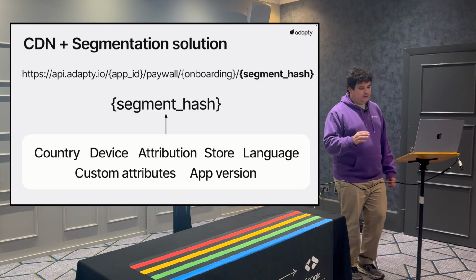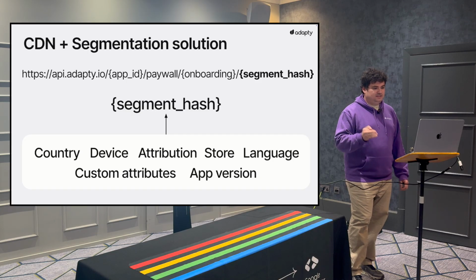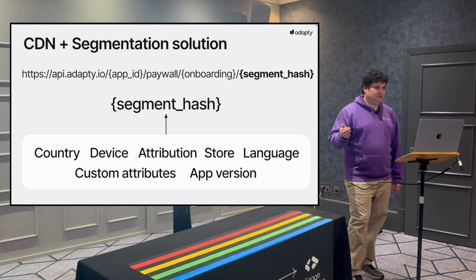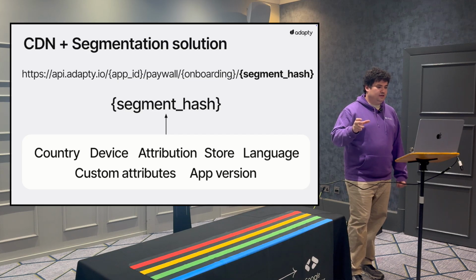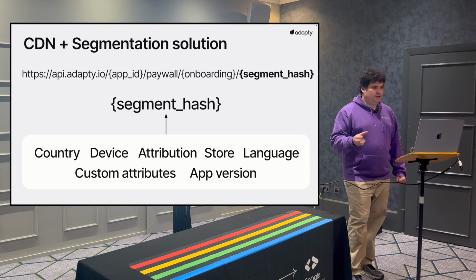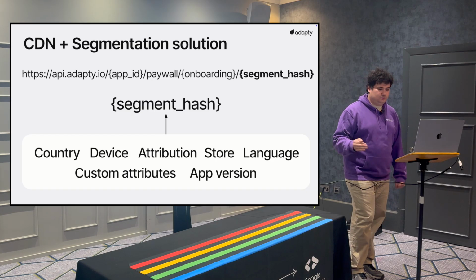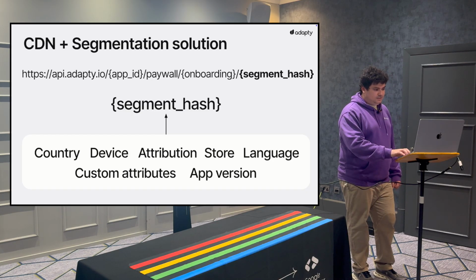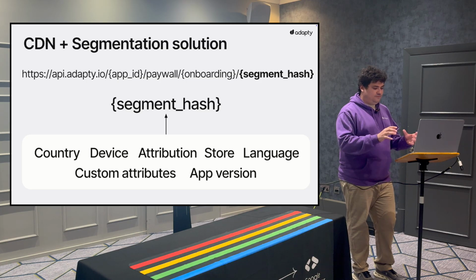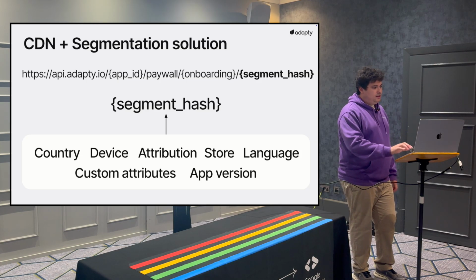So we don't have to calculate the segments on the CDN because it's not possible, but every time someone accesses the unique URL, it first gets from our server, and then we know which segment should be presented, and after that it's cached. So this way we can use CDN, still allowing to present specific paywalls to the customers. So it's something that might be useful for you if you develop similar solutions.